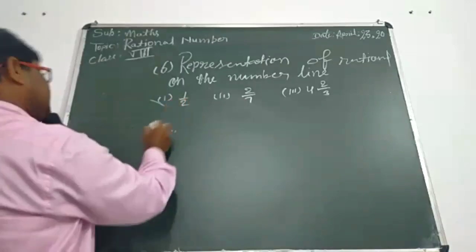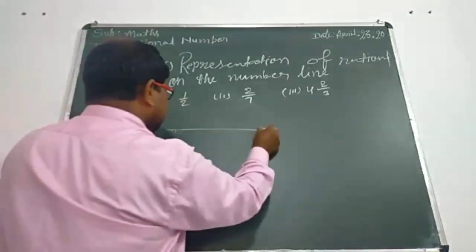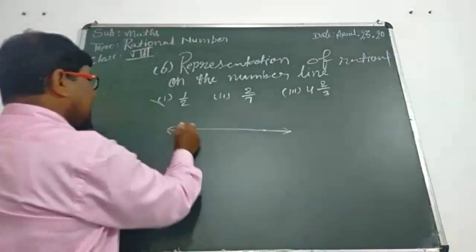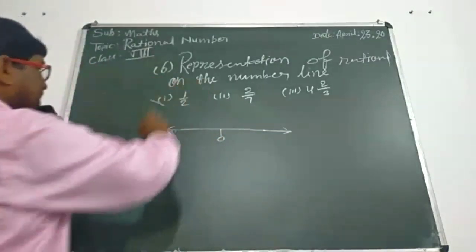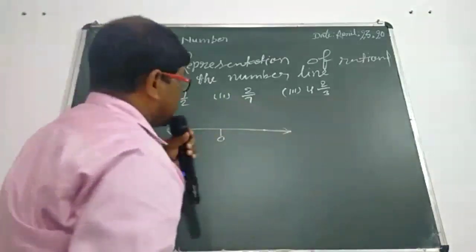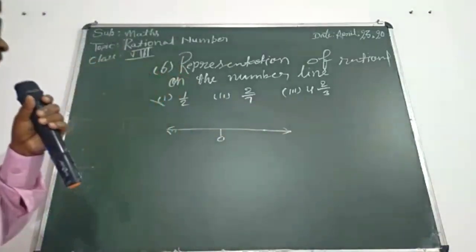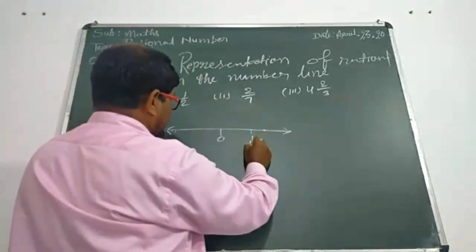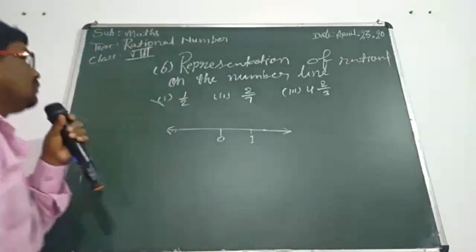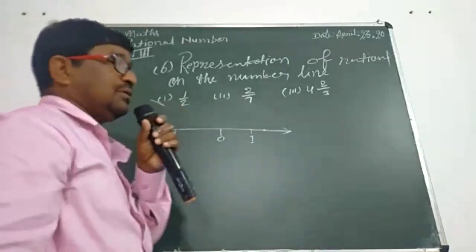Now, our first question is 1 upon 2. This is the number line. This is 0. Okay, 1 upon 2 is positive. We will go on the right side. Numerator is 1, so locate 1 here. Now, denominator is 2.